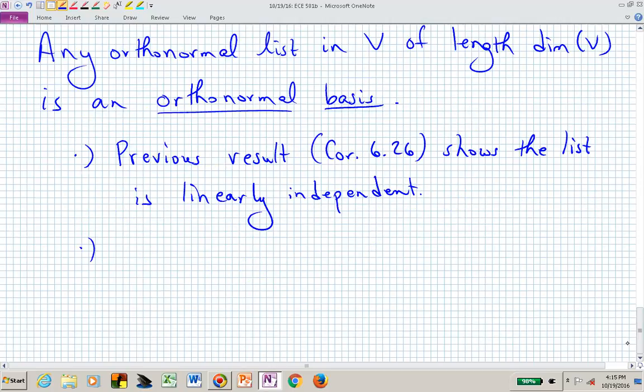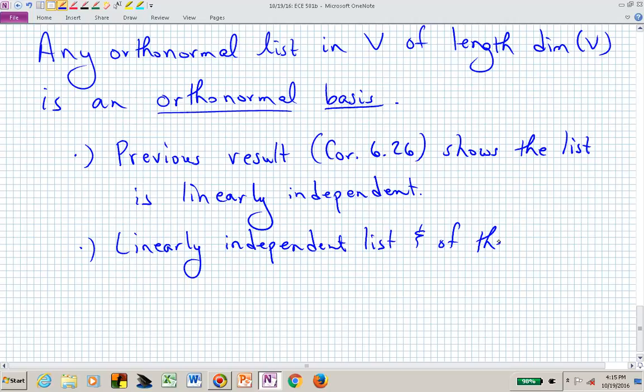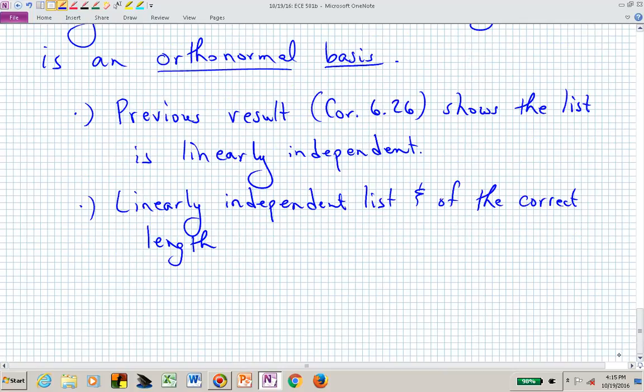And a linearly independent list of the correct length, the length of the dimension of our vector space, actually does provide us with a basis.